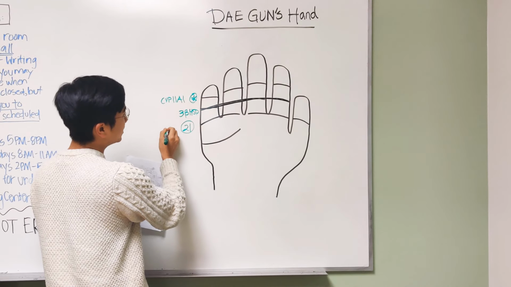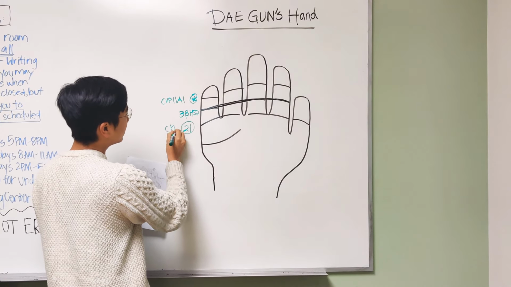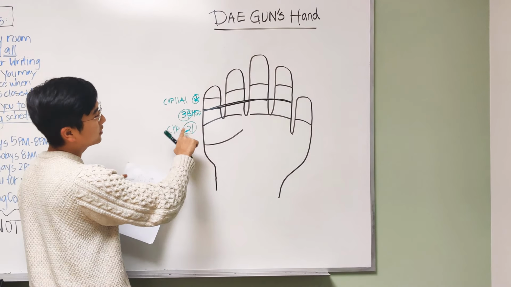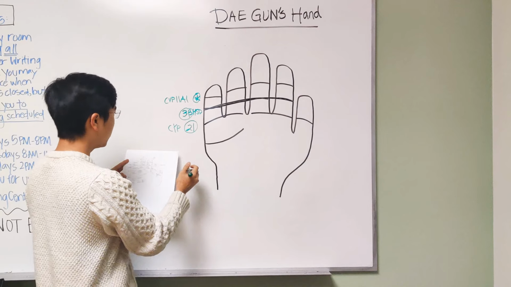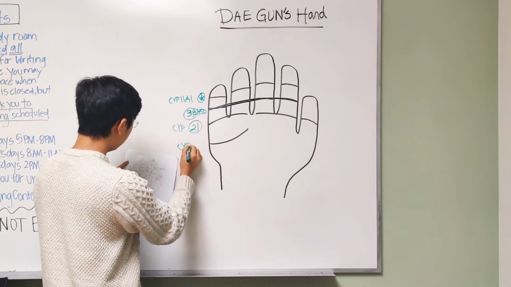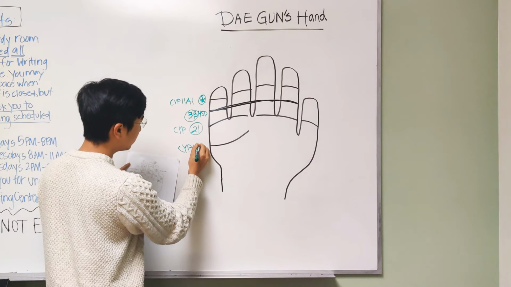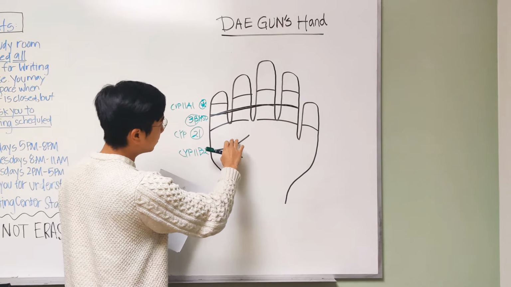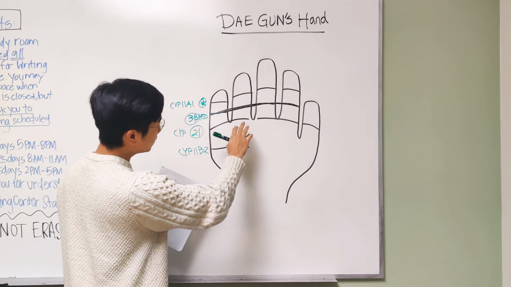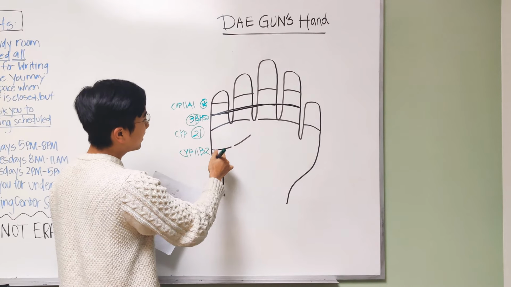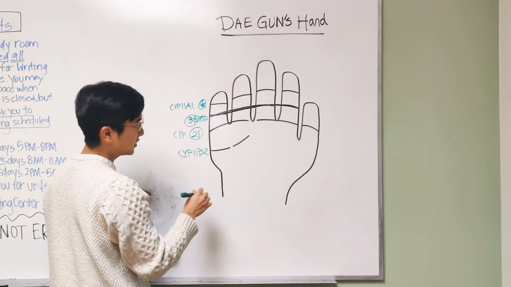I just circle numbers to help me out, so I remember 3 and then 2, 1. And then this will be CYP11B2. I want to point out that this will be divided into two: the pinky will have its own CYP, and the ring finger will have its own.